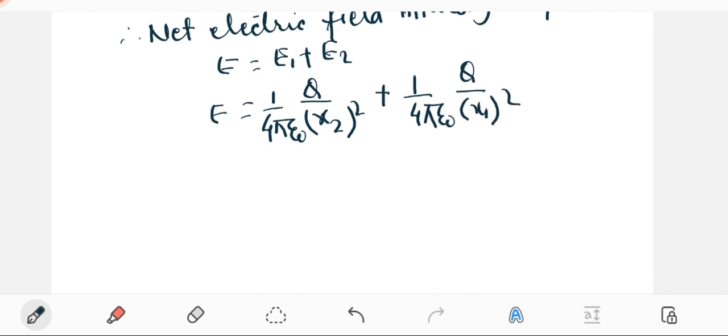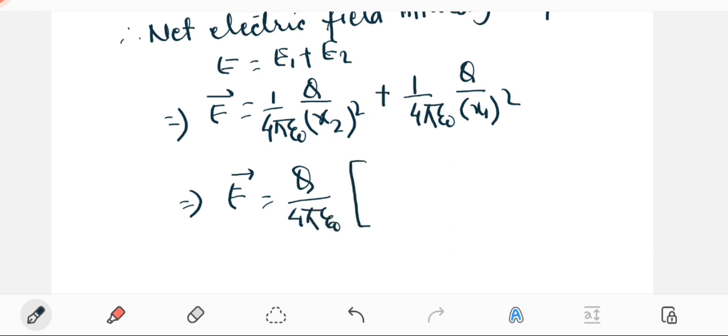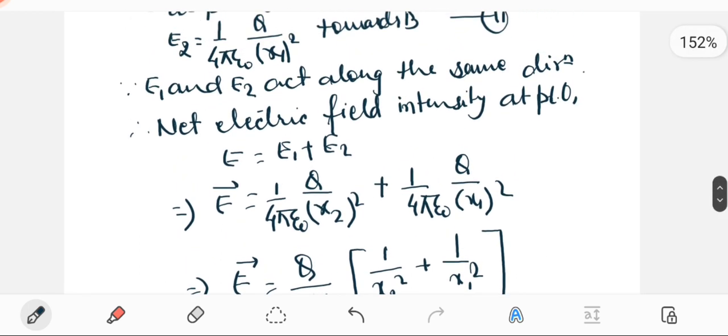So we can finally write it as Q and 1 by 4 pi epsilon naught common in both, so inside we are left with 1 upon x2 whole square plus 1 upon x1 whole square. So this is how we solve these kinds of questions. Hope you understood it.